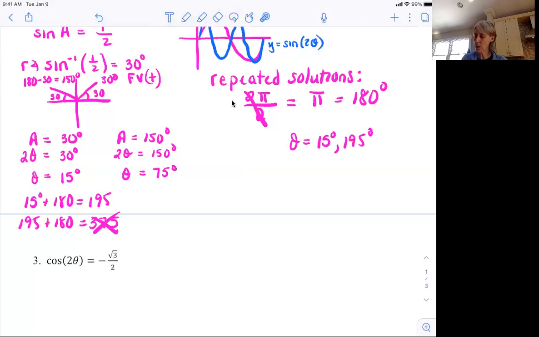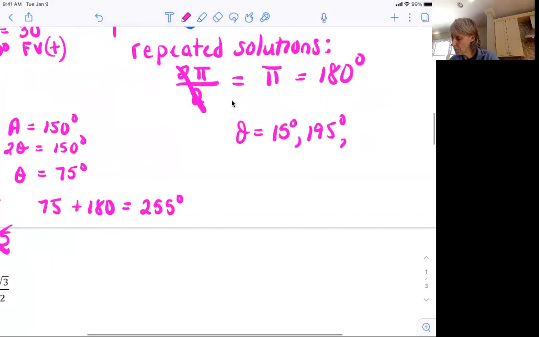Now we work on this and find the repeated values for this set over here. So theta equals 75. 75 plus 180 is 255. Ooh, that was really sloppy math. And just in your head, think, if you add 180 to 255, you're going to be out of the range.